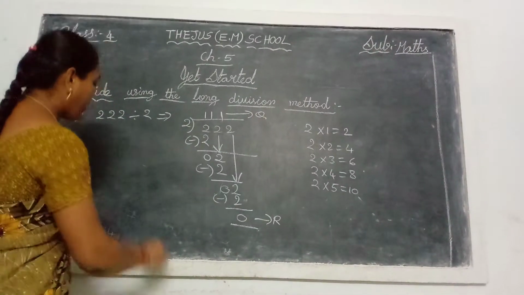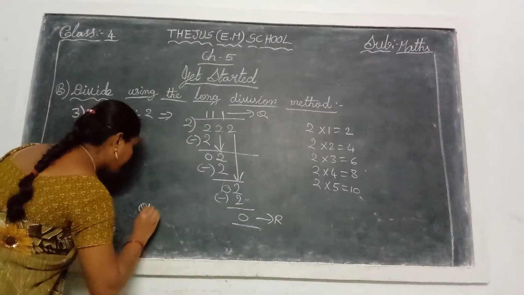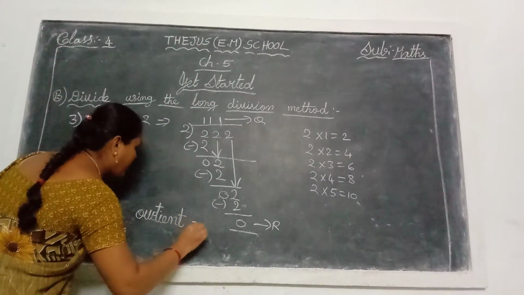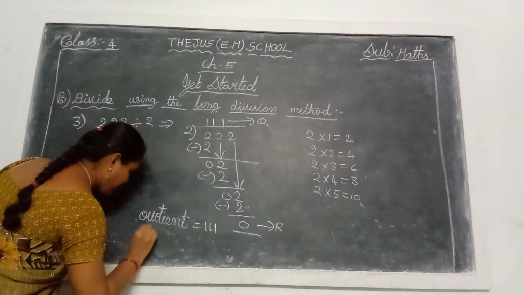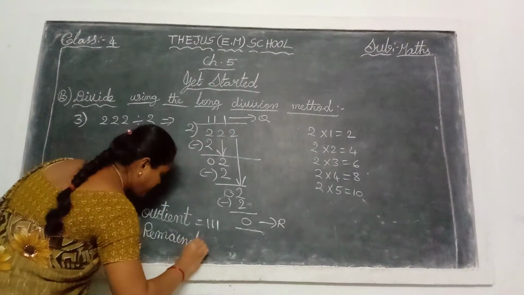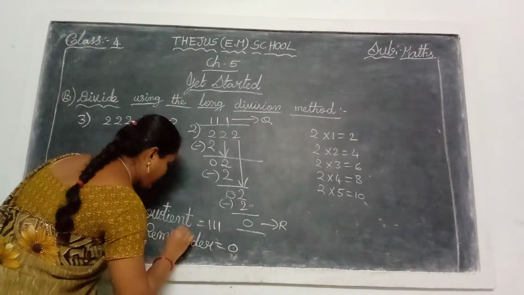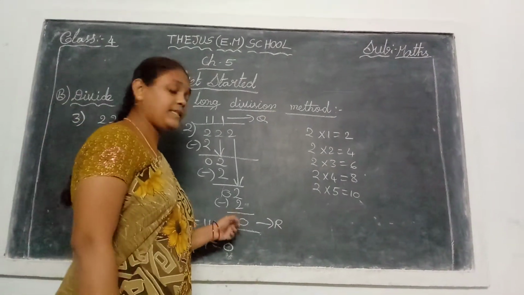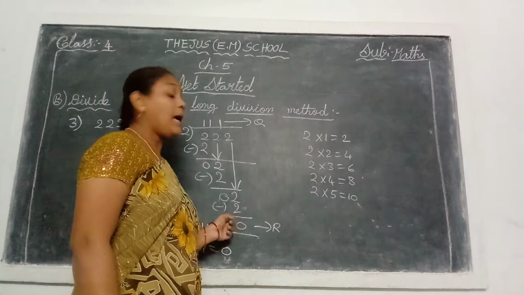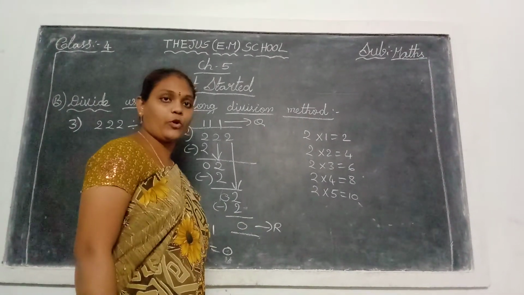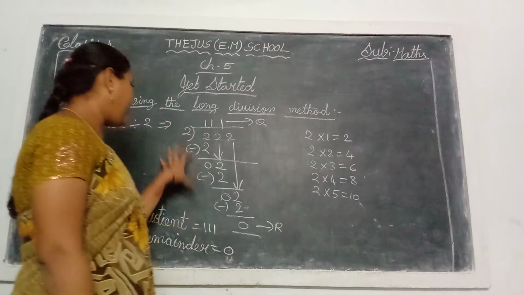Now write here quotient 111 and the remainder 0. In previous sums the remainders became numbers in that place, but in this problem the remainder becomes 0. Okay, children. Note this sum in your notebooks.